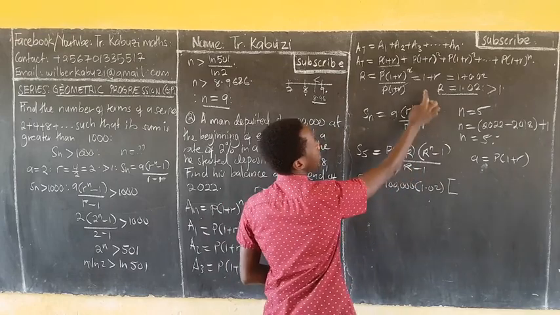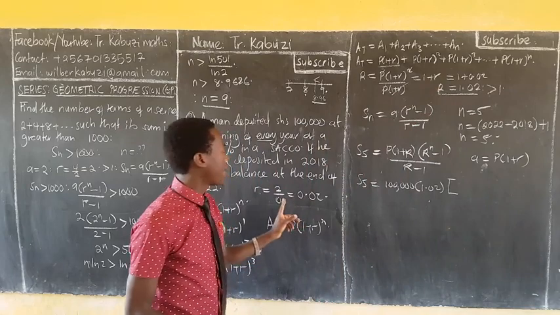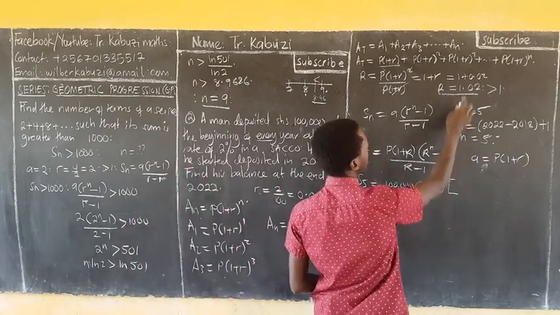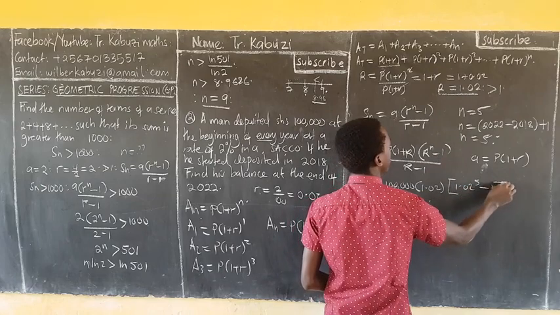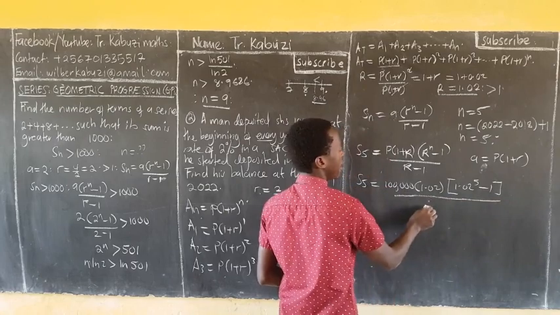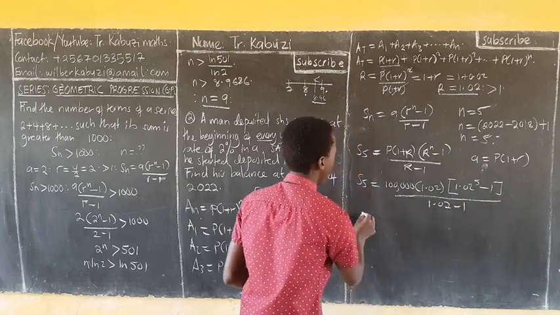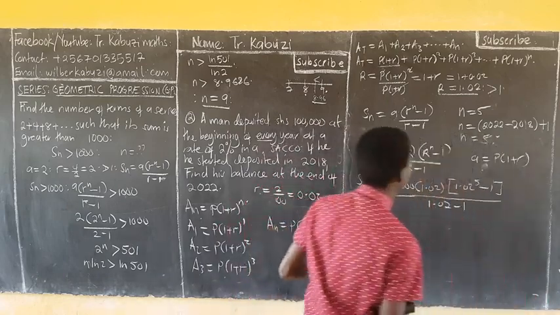This r is just the rate, but capital R is the common ratio. So this one is (1.02 power 5 minus 1) over (1.02 minus 1). And here now, for our sum after 5 years, you get your calculator.